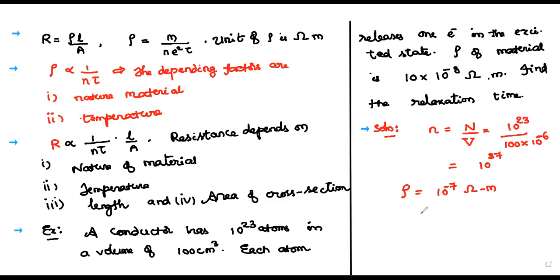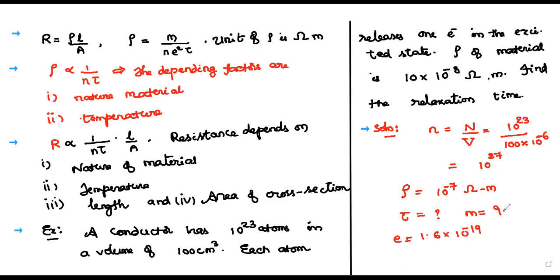Next, what has been given? Nothing. He is just asking for tau, but we know, okay, what do we know? The mass and charge of the electron. e is equal to 1.6 into 10 power minus 19.